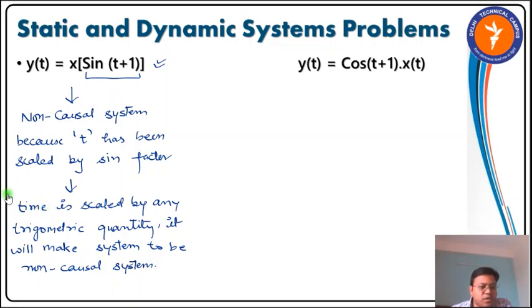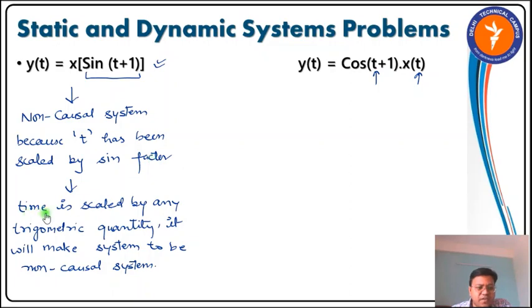The time of what? The input. The input time is scaled. See, in this example, we have y of t which is equal to cos of t plus 1, x of t plus 1. So here we have time here and here. But in here, this whole is acting as a constant value, and this constant is being multiplied with the input.